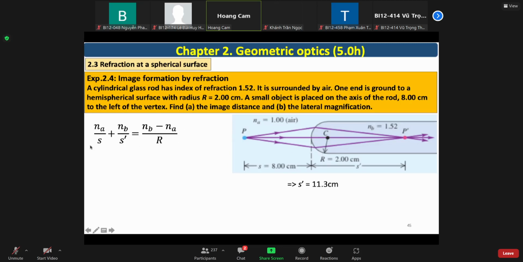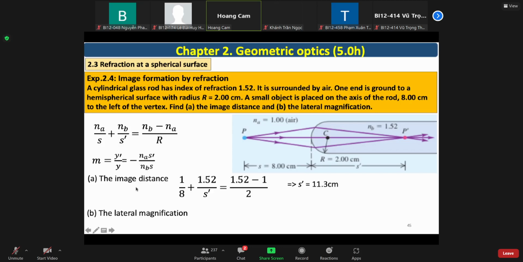We use the formula NA over S plus NB over S prime equals NB minus NA over R. Then it is very easy: you just replace all the quantities, and you can deduce the value of S prime. For the lateral magnification, we employ the formula M equals Y prime over Y equals minus NA S prime over NB S. Then you can find the value of the lateral magnification.